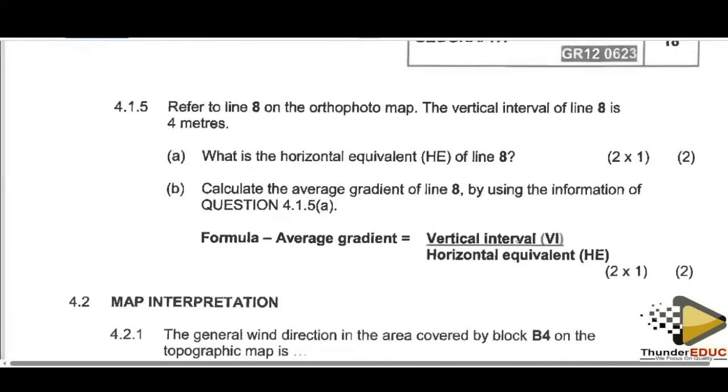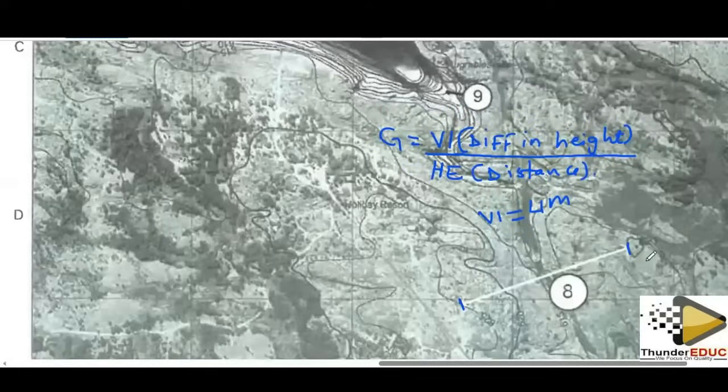Let's do it here. Gradient equals vertical interval over horizontal equivalent. They give us this one, which is equal to 4 meters. So we need to find the horizontal equivalent, which is the distance. Meaning, if you go back to our map, we need to measure in centimeters across through line 8.